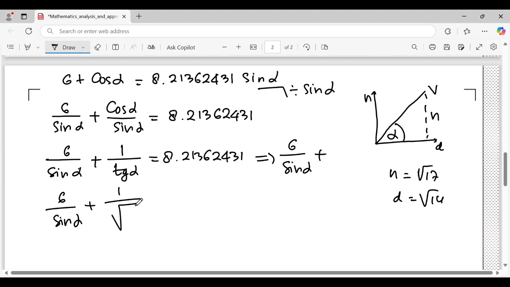So it becomes square root 17 over 14. It becomes 8.21362431.